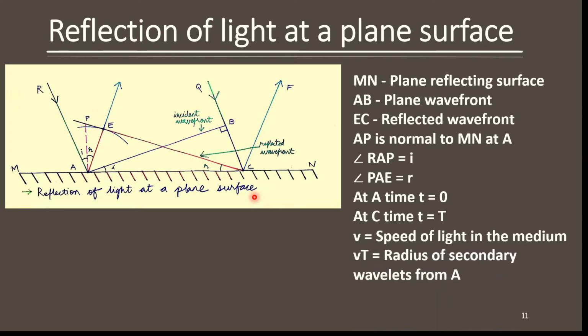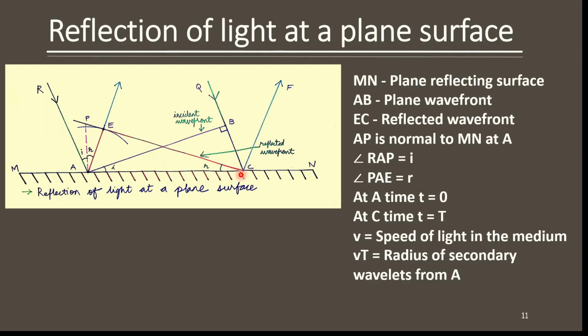To find the position of the secondary wavelets emitted from A after time t, draw an arc with radius Vt and center A. The radius of the wavelet emitted by A at time t is Vt and the radius of the wavelet emitted by C is 0.